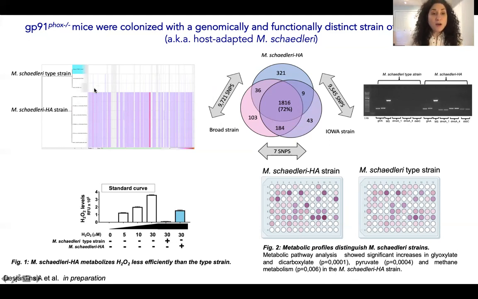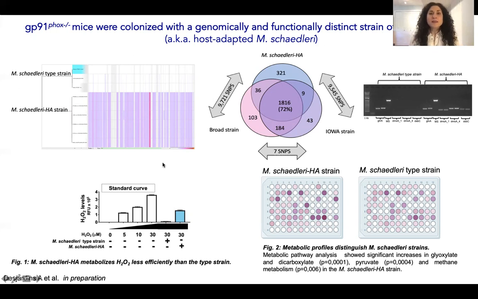We saw that our, what we'll now call host-adapted M. schaedleri strain, had almost 10,000 different SNPs compared to the type strain. More specifically, we found 321 unique genes in our host-adapted M. schaedleri strain. We then confirmed the presence of some of these unique genes by PCR.